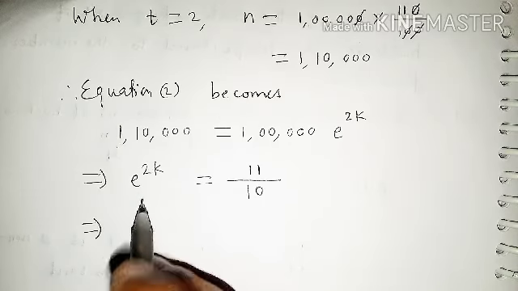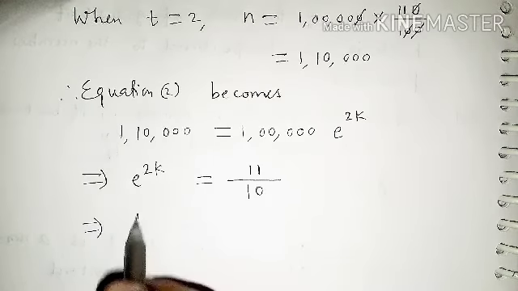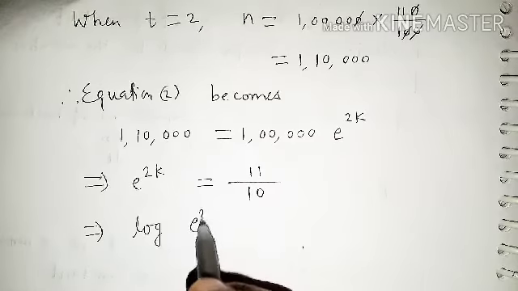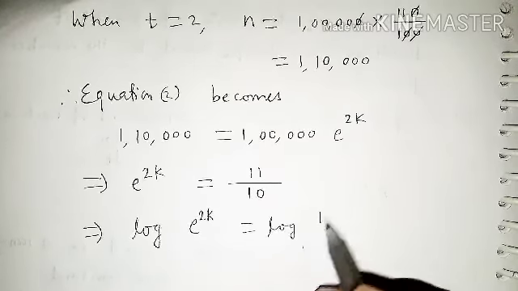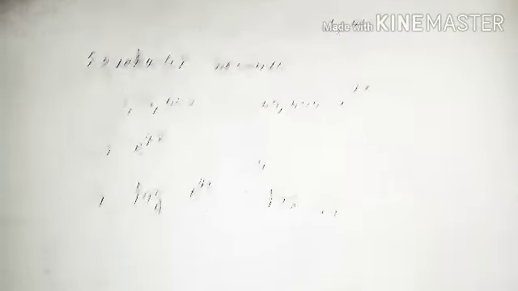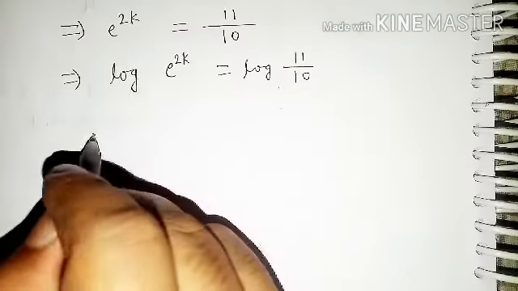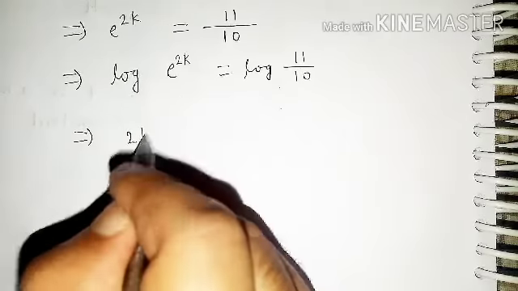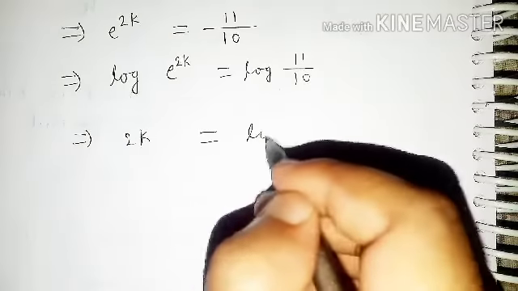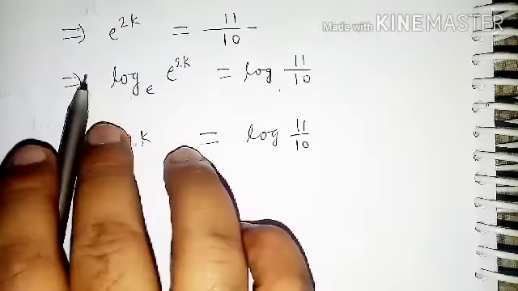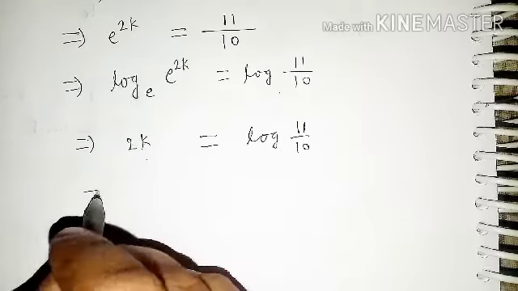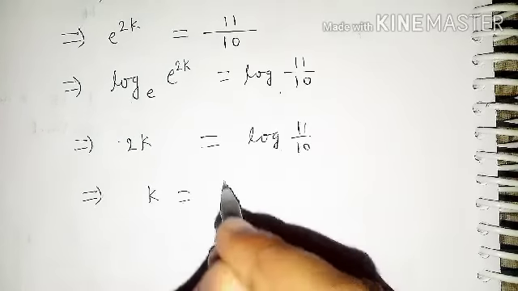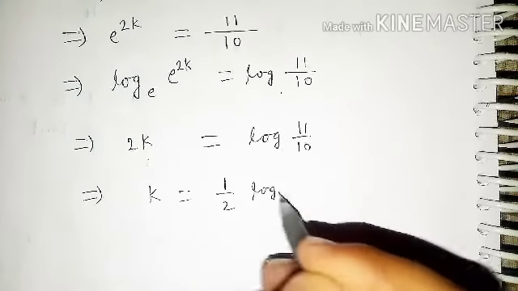Then we have log e to the power 2k is equal to log 11 by 10. This implies that 2k is equal to log 11 by 10, here base e is hidden, 2k power comes before, log of e is 1. So 2k is equal to log 11 by 10, and from here we have k is equal to 1 by 2 log 11 by 10.